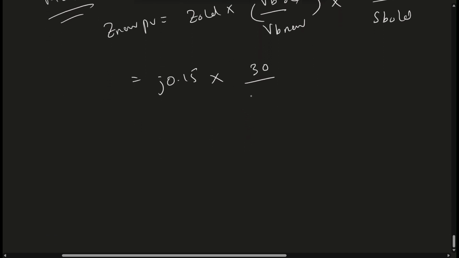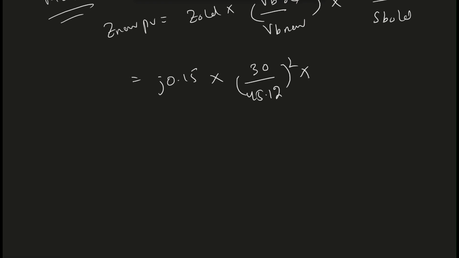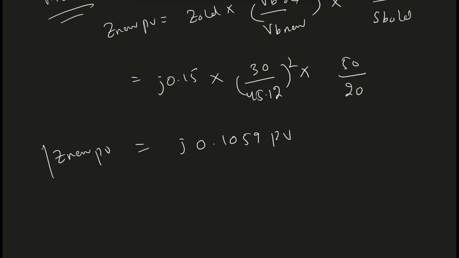So it will be 30 over 45.12 squared, multiplied by 50, and the old value for S is 20. It will come out as j0.1059 per unit. This is Z new per unit for motor 2.